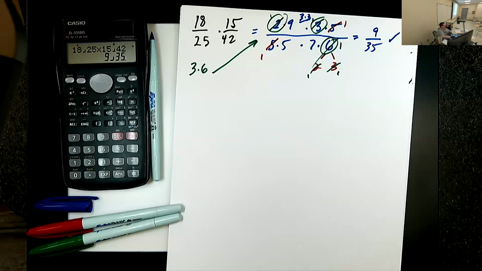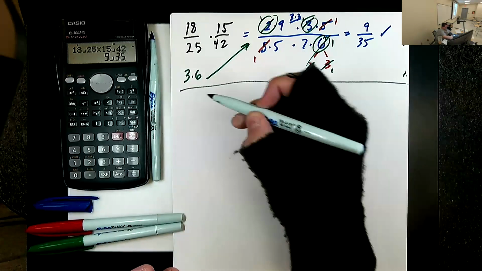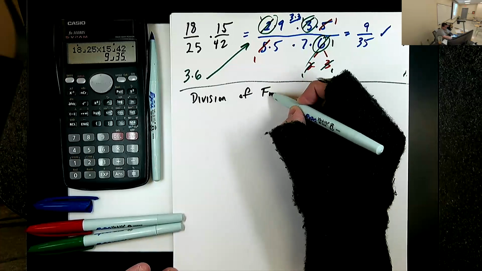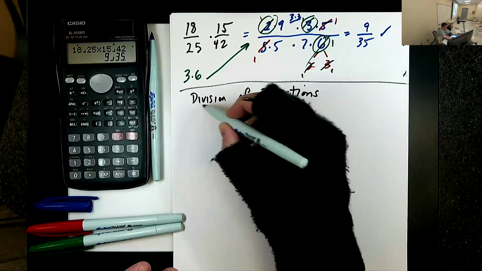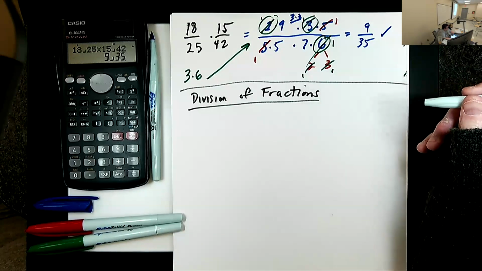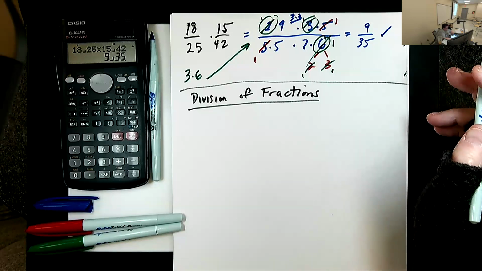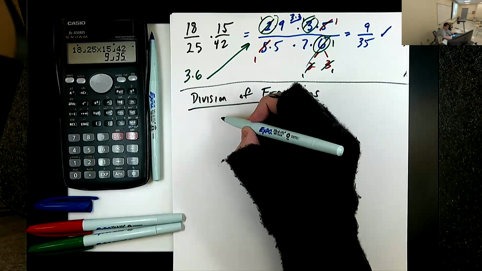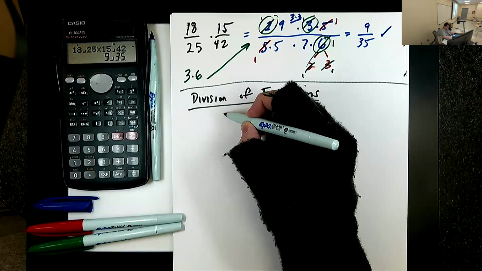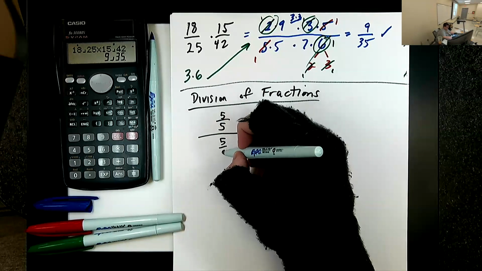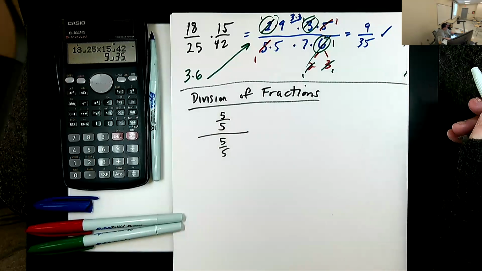All right, so that was multiplication of fractions. Division of fractions. I'm going to start off by going with 5 over 5 divided by 5 over 5. This is silly.